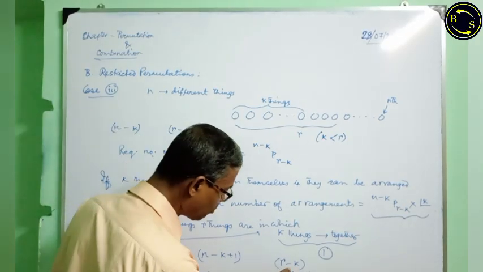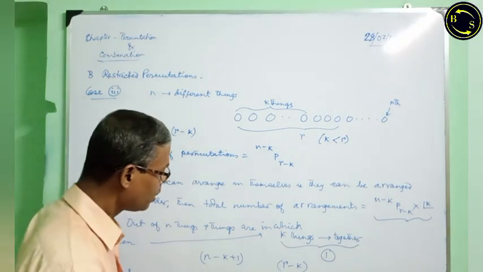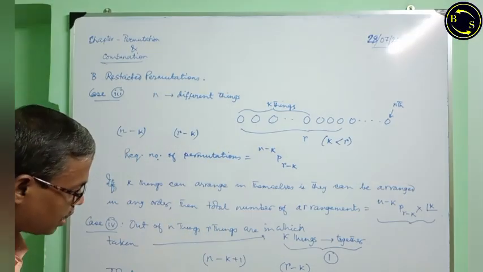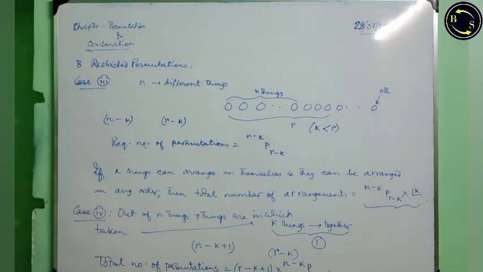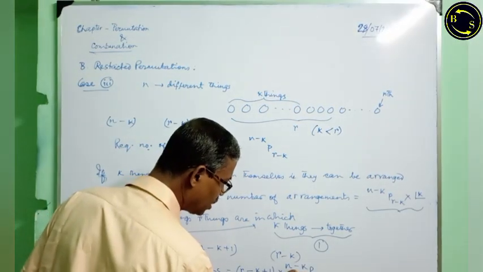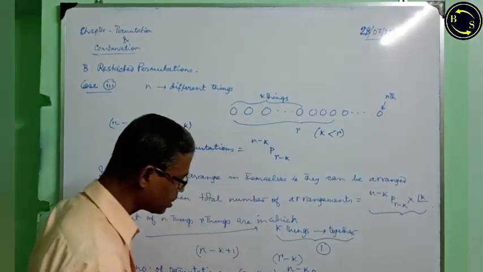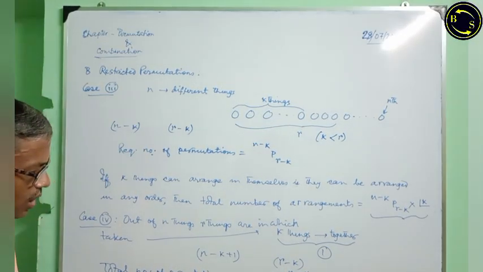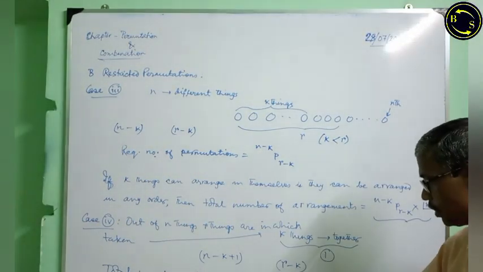In place of the k things we put one element, and out of the n minus k things we are taking r minus k things. Therefore, the total number of permutations will be this one.